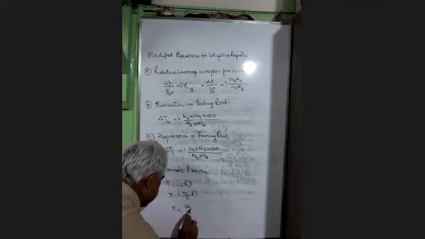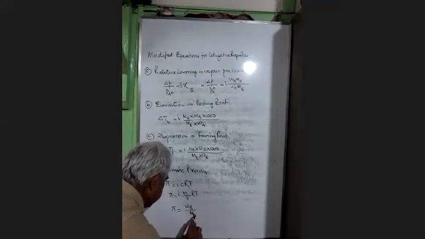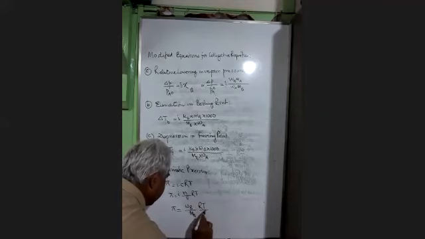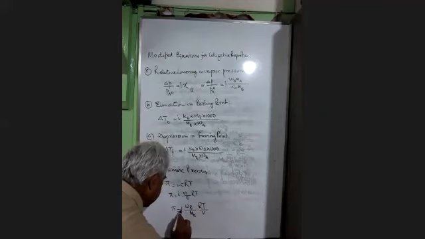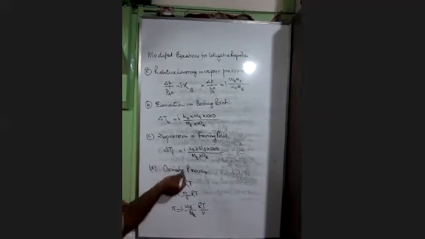And also you know pi is equal to WB by MB into RT by V. So you can put this. So any one, it depends upon what numerical you are going to do. So this is the part.